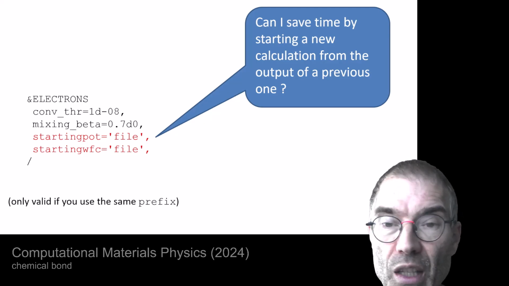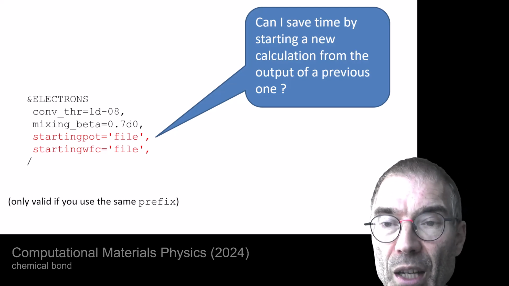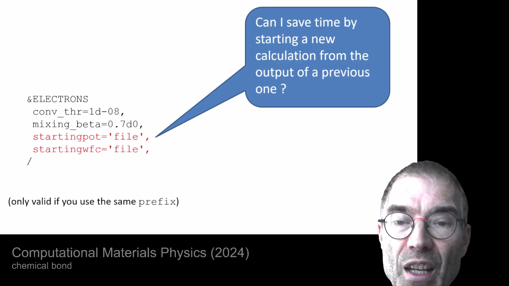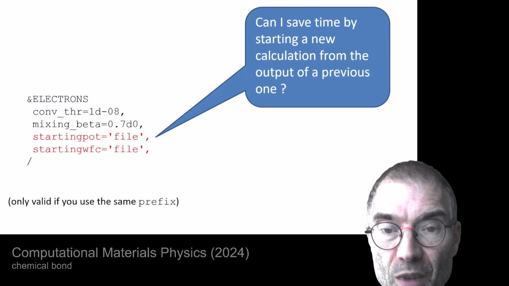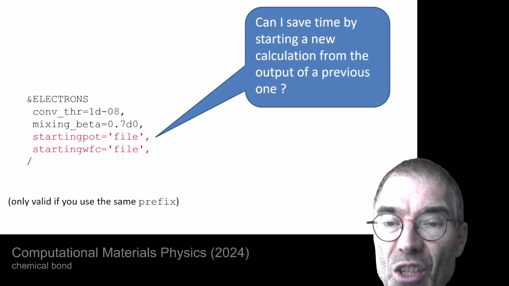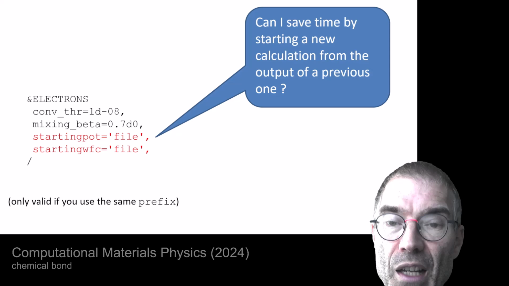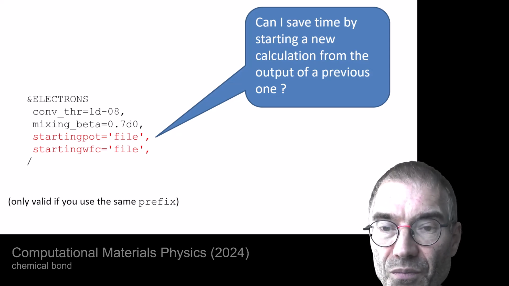But if it is only a few percent change, then you can save time by putting in the electrons block that you want to start not from scratch, not from free atom information, but from information that is available in files that have been saved at the end of the previous calculation.